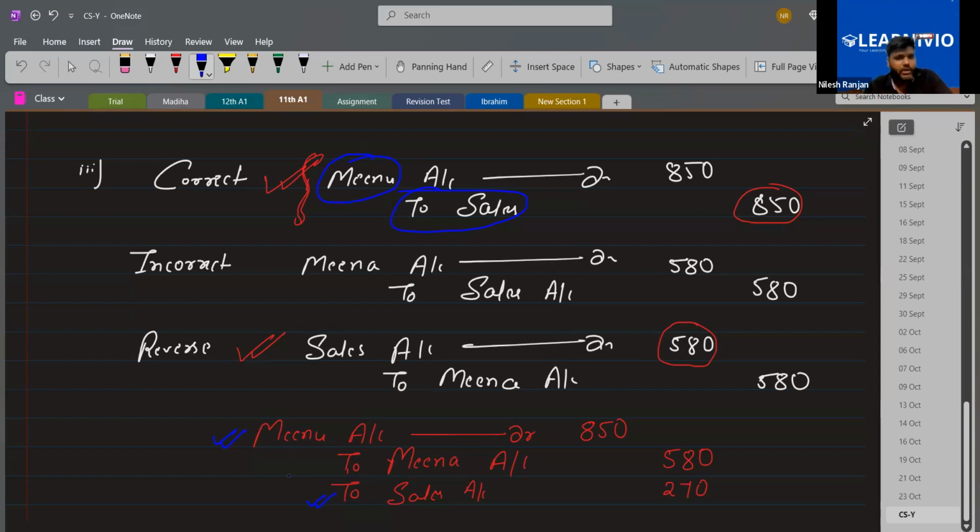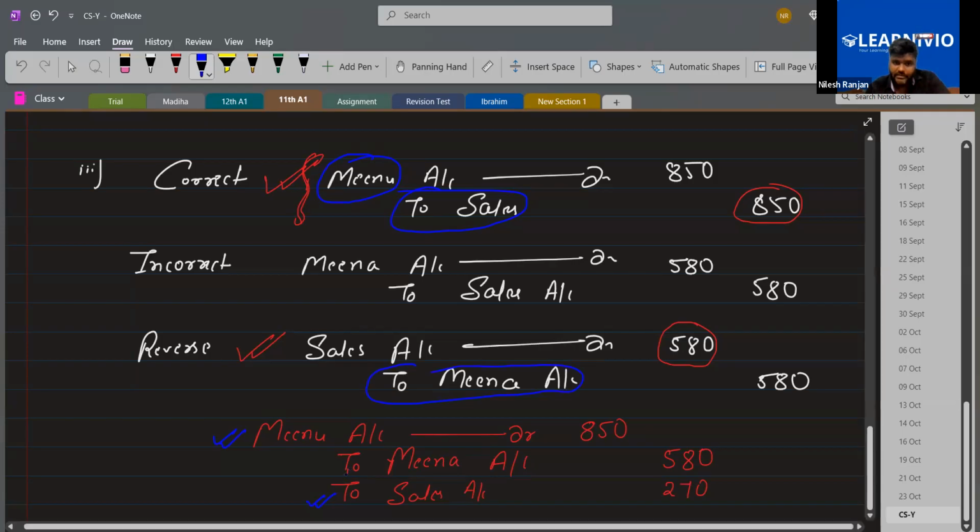Now, we have reversed this incorrect one. I told you that after reversing the incorrect one, we don't need the incorrect one. We need only the reversal entry, which is sales account debit to Meena account. So I have written this Meena account also in credit side as it is. Meena on the credit side, Meenu on the debit side with the same amount, 850, 580, whatever their entry was.